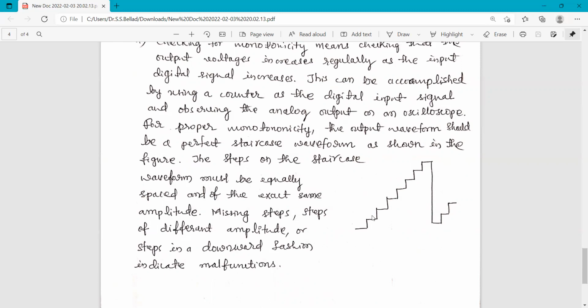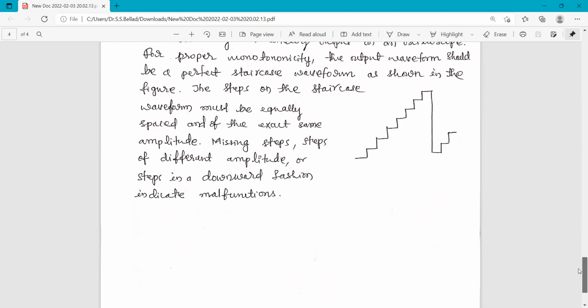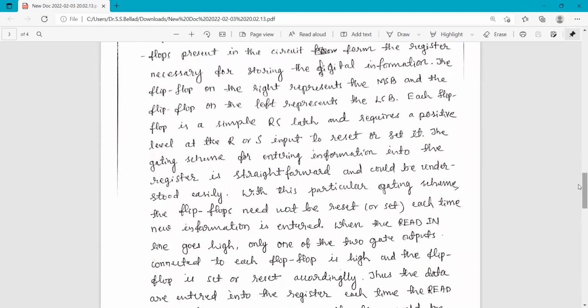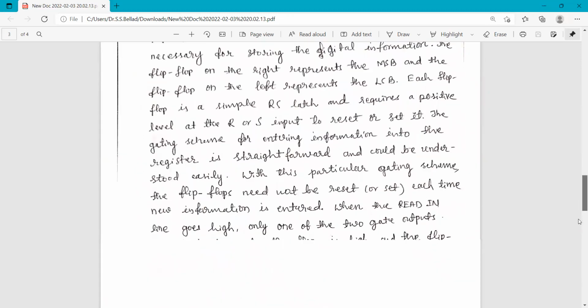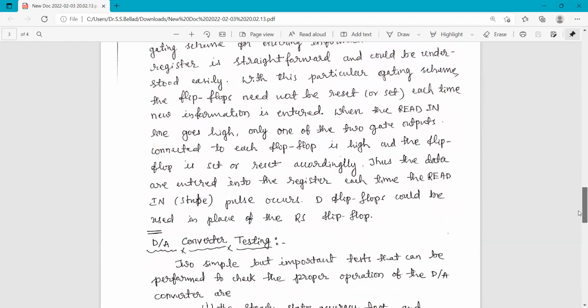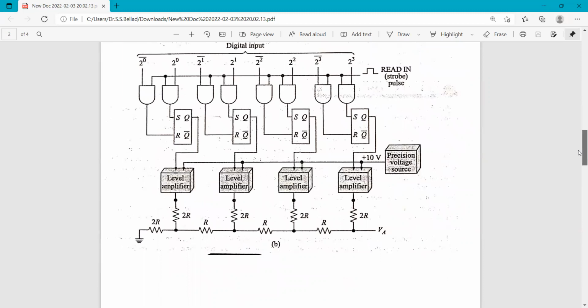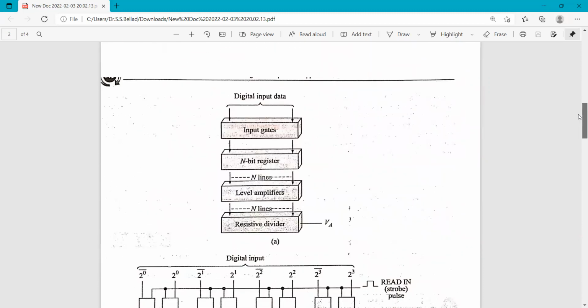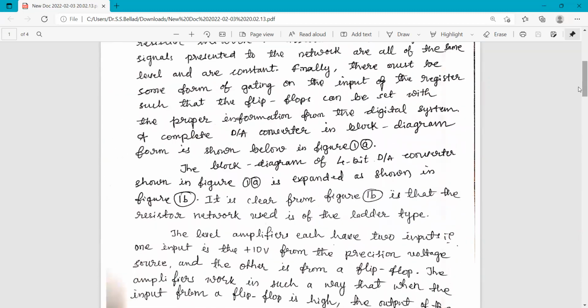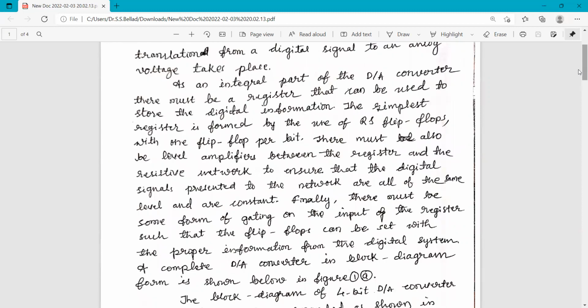That means if the steps are of different amplitude and if some steps are missing, then this digital to analog converter is not working properly. So by conducting these two tests on the digital to analog converter, we can check its performance. So this is about the practical digital to analog converter, and just go through it.